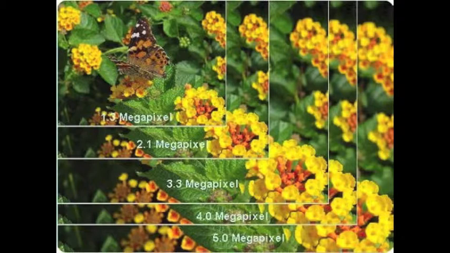A 1.2 megapixel image contains 1.2 million pixels, giving a resolution of about 1280 by 960 pixels, which is still relatively low. Many modern cameras have resolutions of 8 megapixels, which is about 3200 by 2500, 12 megapixels, which is about 4300 by 2800, and 14 megapixels, which is about 4300 by 3200.